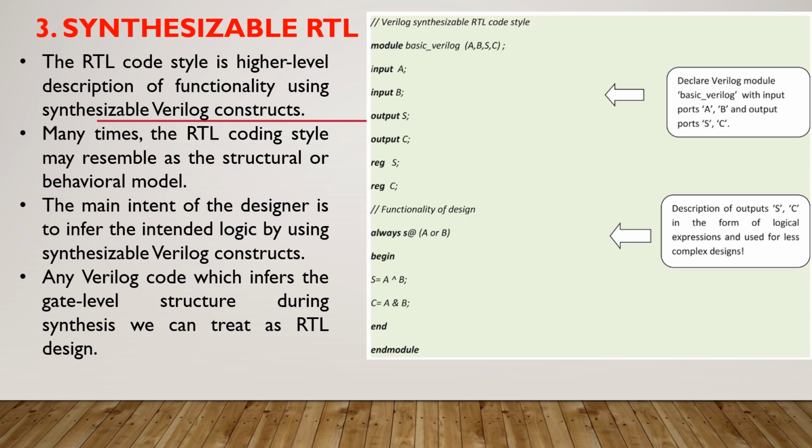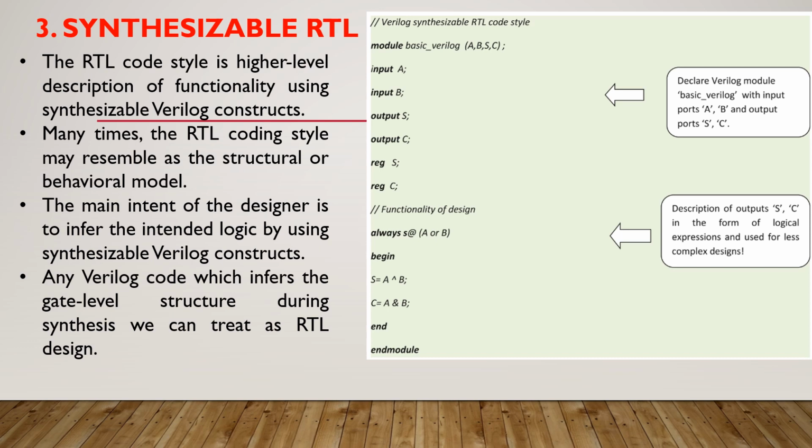In this, in the same way, the module starts and ends with endmodule, and in between, the port declarations are done. Similar to behavioral, here also the sum and carry we have to declare as registers, and then the functionality design. Inside the functionality design, we have to use an always block, right?